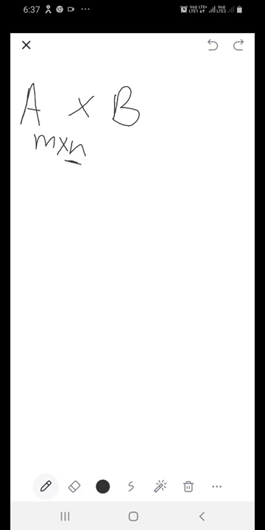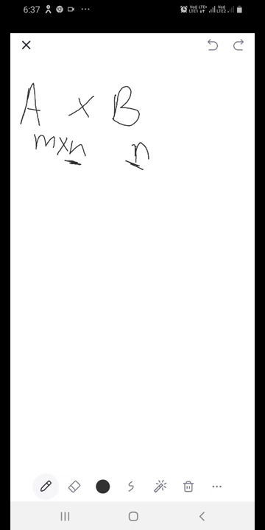So in order to do the multiplication, the number of rows of the second matrix should also be n. That is the same. Otherwise, I told you multiplication is not possible. It has to be the same.